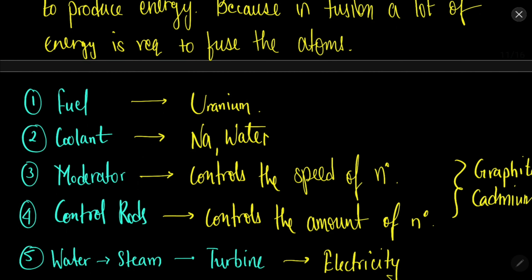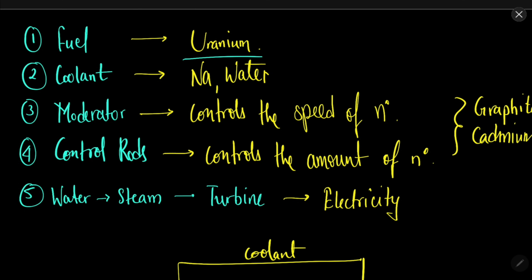So in nuclear fission reactor, we have fuel, which is uranium, then we have coolant, usually sodium or water, then moderator, which controls the speed of neutron, because if the speed of neutron is very high, it will just pass through uranium, and if it is very low, then it will not be able to make the uranium unstable and break it. And control rods, which control the amount of neutron.